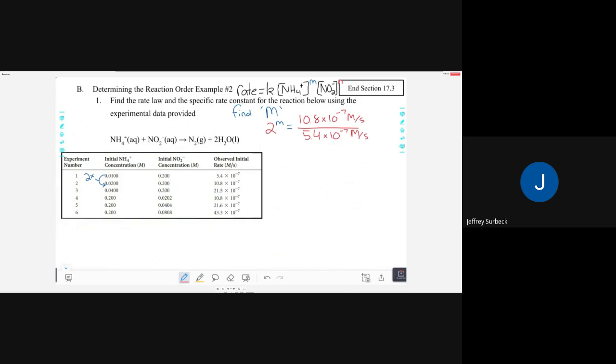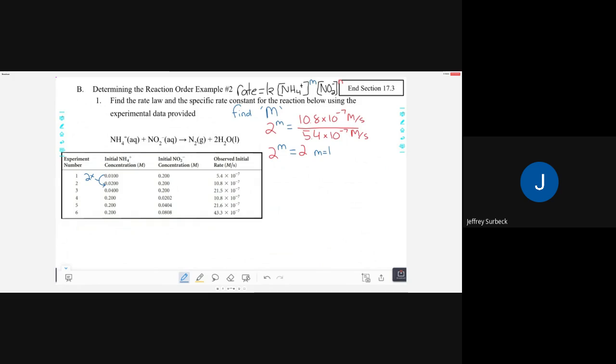And I'll ask you this, all right? We have 2 to our power M. What happens when we take 10.8 divided by 5.4? We get 2. So 2 to what power equals 2? 1. So M equals 1. That's fine and dandy.